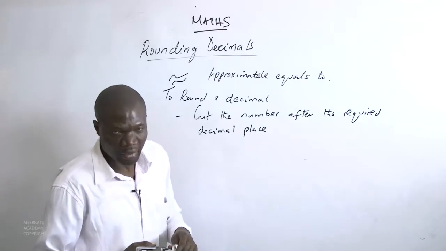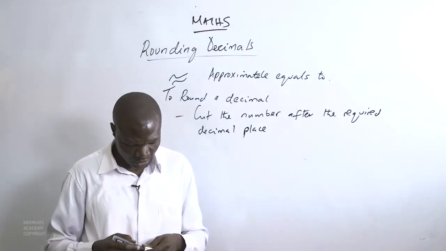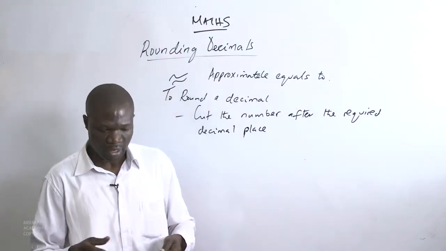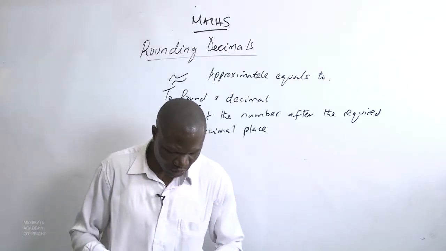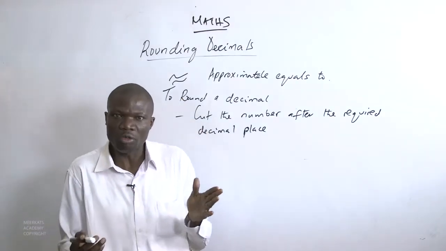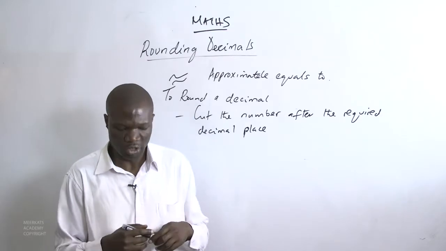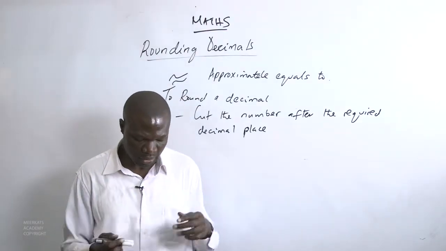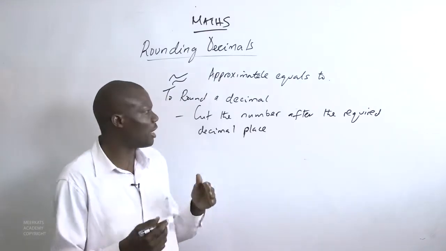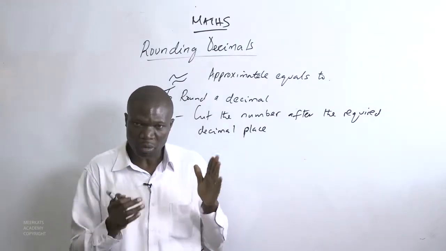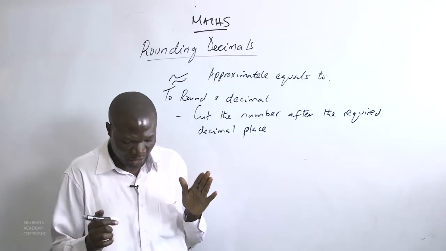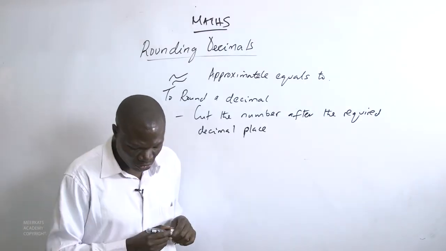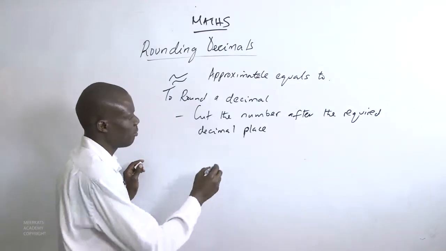Then, to determine whether you should round off upwards or down, we shall consider the next digit immediately after the cutoff. The moment you identify the number of decimals that you require, I want to give an example.